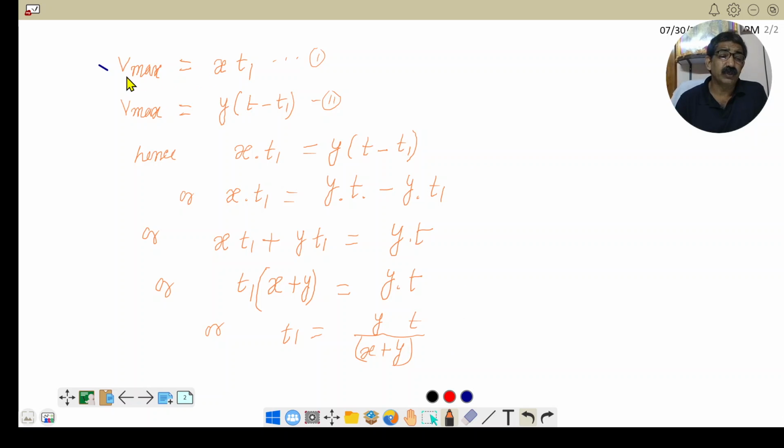Now from the first equation, Vmax means maximum velocity.